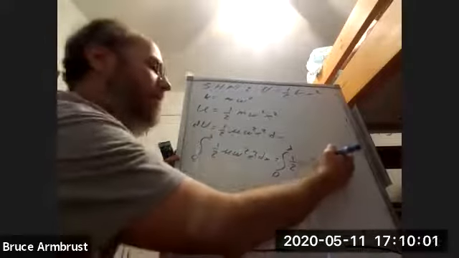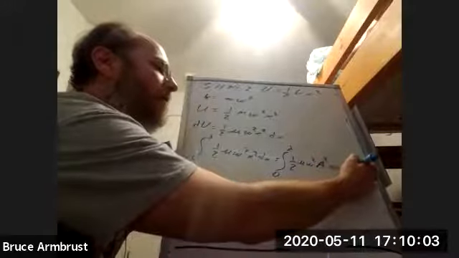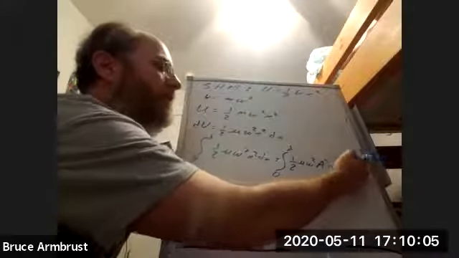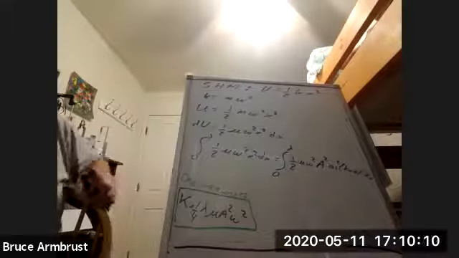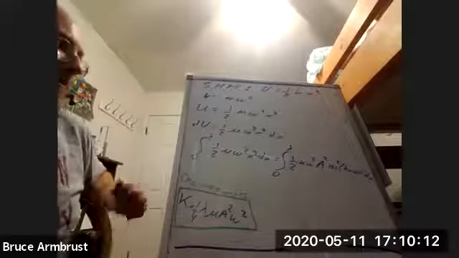So we're going to get A squared cosine squared of (kx minus omega t). So we're ready to integrate that thing.